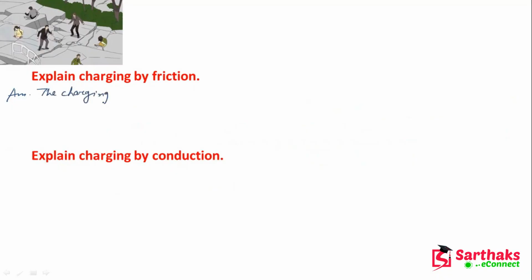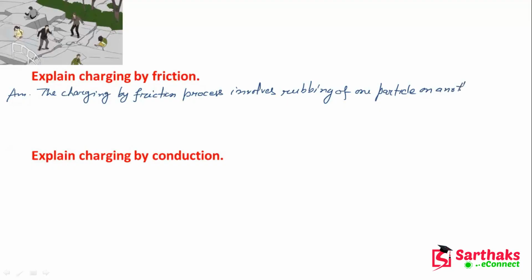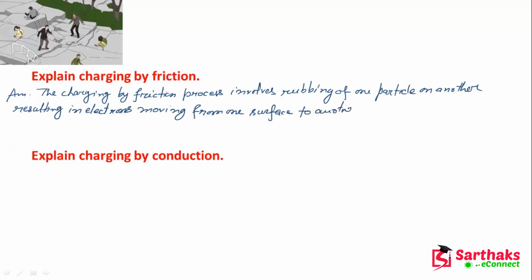The charging by friction process involves rubbing of one particle on another, resulting in electrons moving from one surface to another.